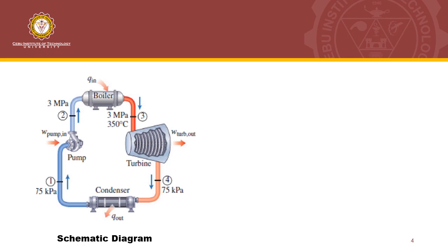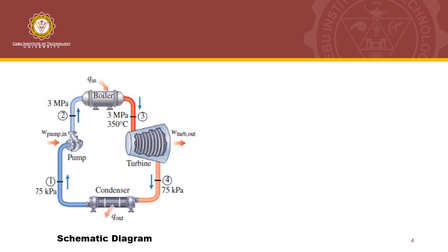This heat input can come from a source of heat such as coal, combustion of fossil fuel, geothermal wells, nuclear power plants, and it may also come from solar thermal plants. So that is our Q in, the heat source from which this entire power plant derives its energy.